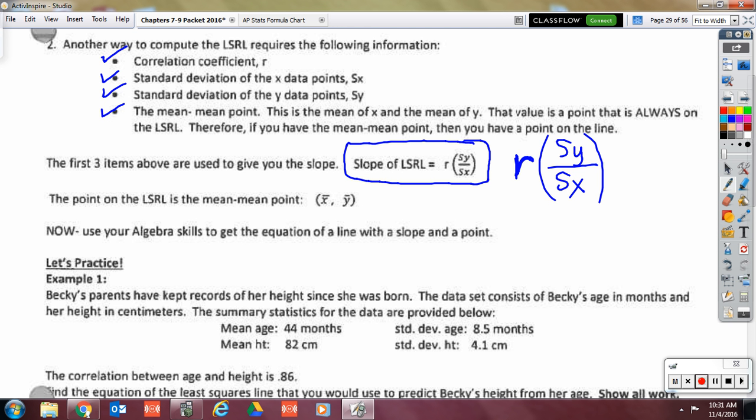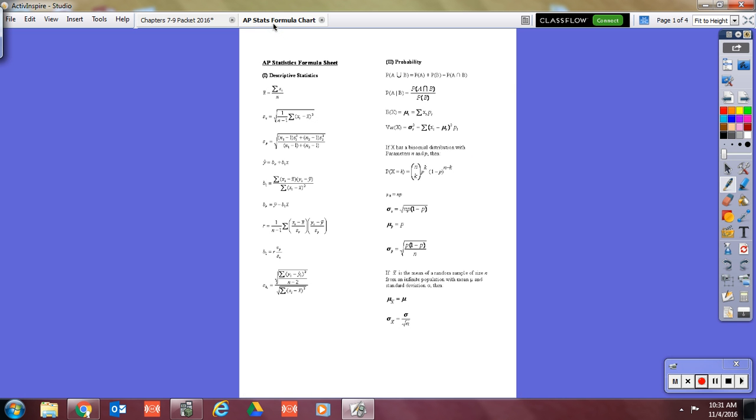Now, you do not have to have that formula memorized. On the AP exam, I wanted to show you that on your formula chart, your pink packet of formulas, down here, almost to the bottom of that first column, is this.